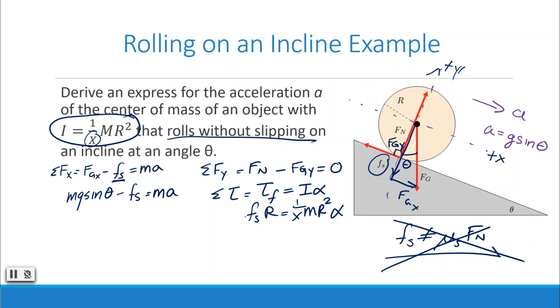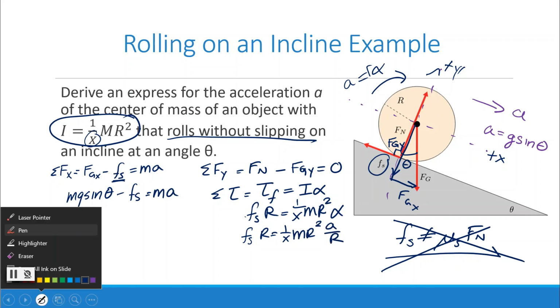But we do know that if we're rolling, there is a link between the angular acceleration and the linear acceleration of the center of mass, and that is a is equal to r times alpha. So that means that I can replace alpha with a over r. So my static friction times r is going to be 1/x mr squared times a over r.